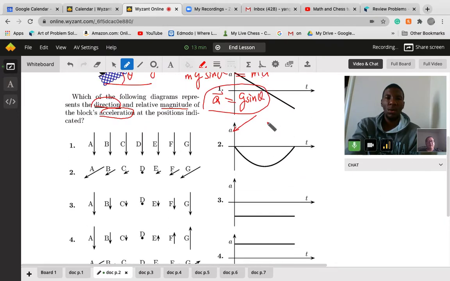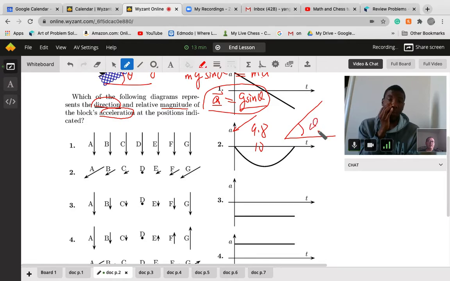First, from this formula, g is a constant, right? This angle is also constant. So that means this a is a constant. The acceleration amplitude is a constant. Because this one you can use 9.8 or you use 10, it does not matter, but it is constant. That angle of incline is also a constant.